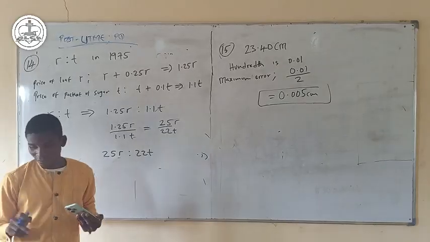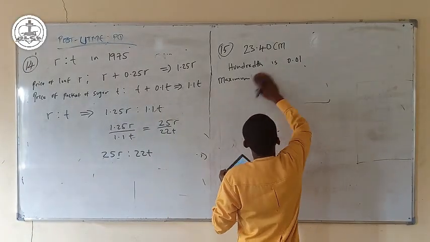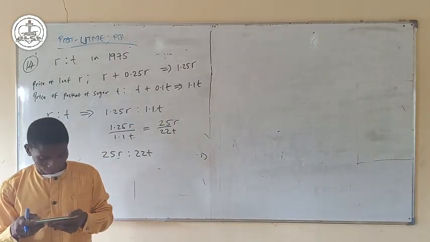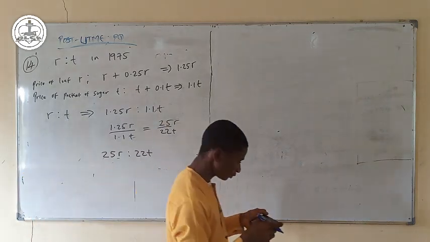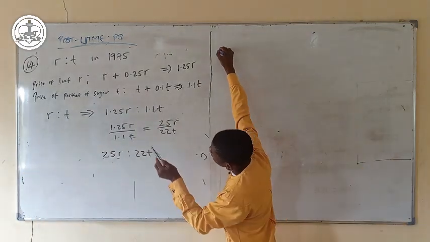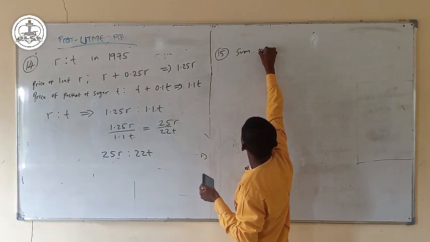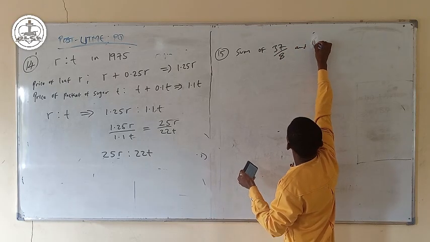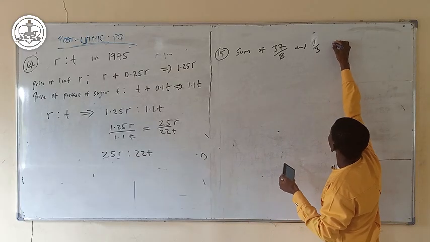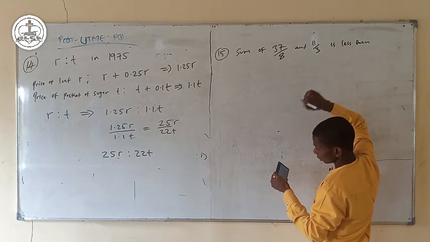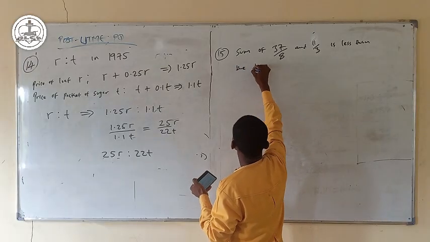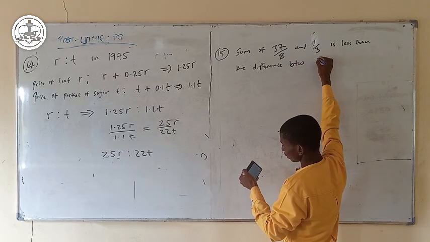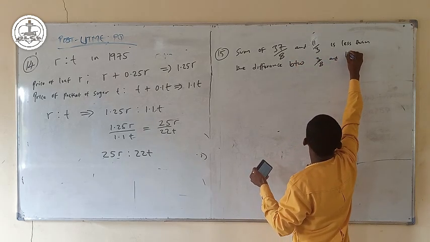Now for the next question, we have the sum of 3 and 7 over 8 and 11 over 3 is less than the difference between 3 over 8 and 12 over 3.